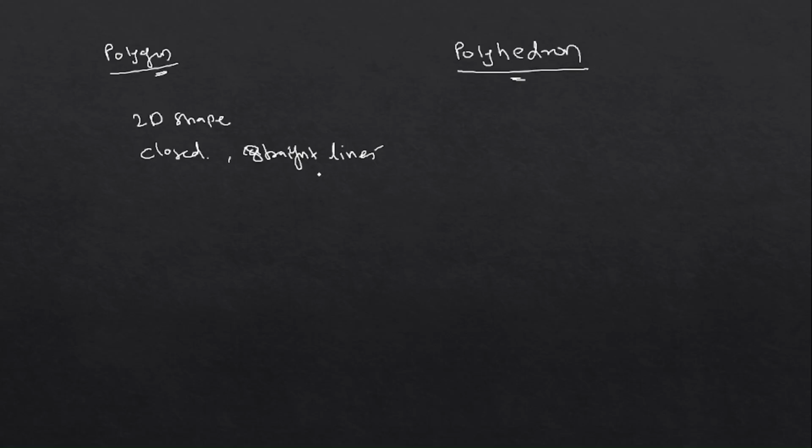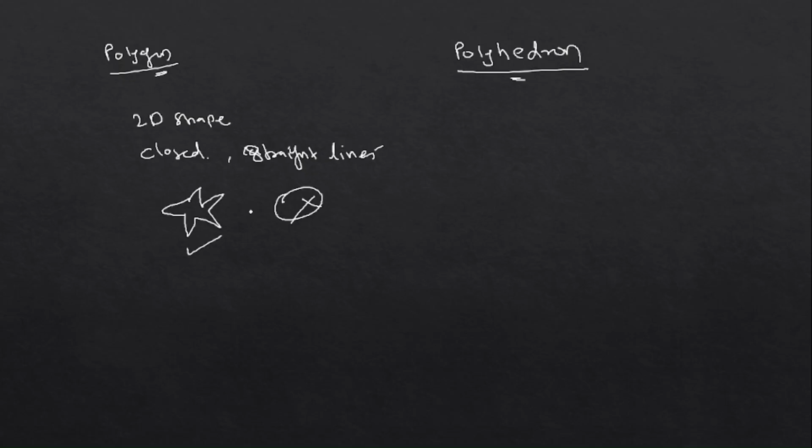These two are very important. It should be a closed figure, as well as drawn using only straight lines. For example, this is a polygon, and this is not a polygon, this is a polygon, like this. So a polygon is a closed figure, drawn using straight lines, and it is a two-dimensional shape.